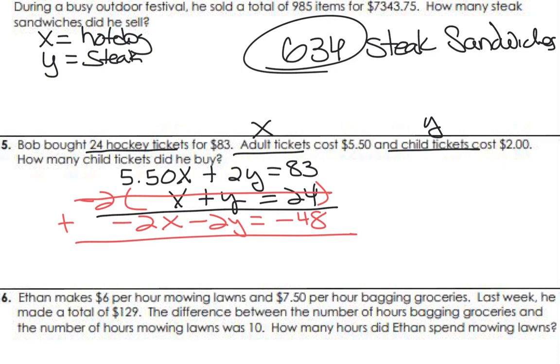So 5.50 minus 2 is going to be 3.50x. My y's eliminate. 83 minus 48 is going to be 35.